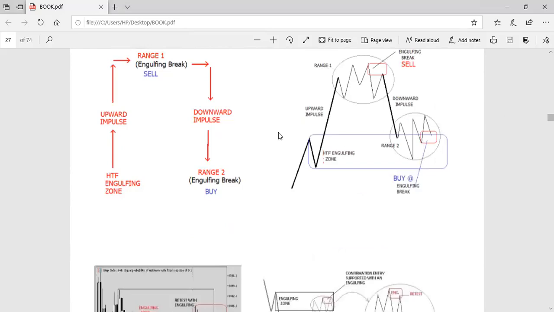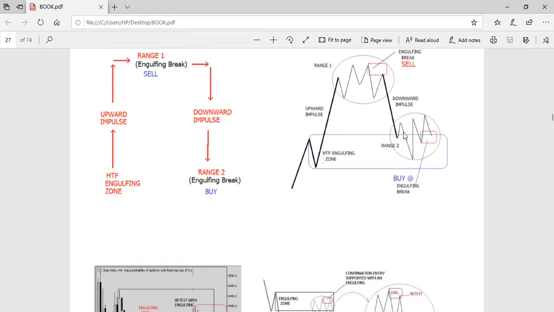If you want to sell, price must first create a higher time frame engulfing zone. Then it will make an upward impulse move. Then at the top here, you must see a range. You can refine it to a lower time frame to get the range. Then inside that range, you get an engulfing zone that will return price downward into this zone.